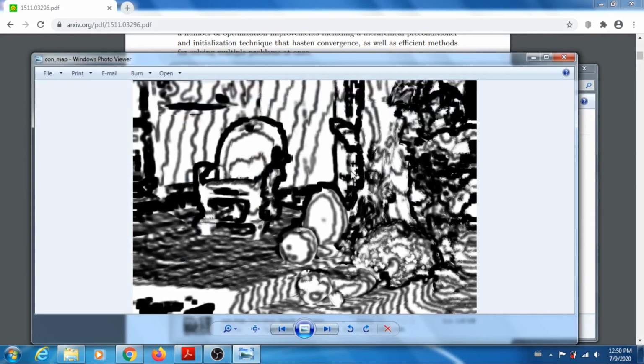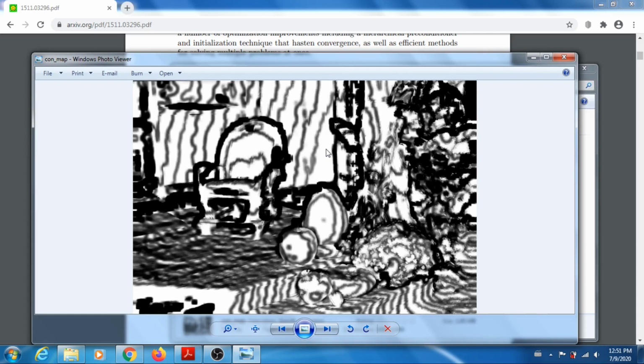Let's look at it. Yeah, this one is very black. So anyway, anything white is high confidence, and the blacker it is, the less confidence you have in the depth for that pixel in your input depth map.